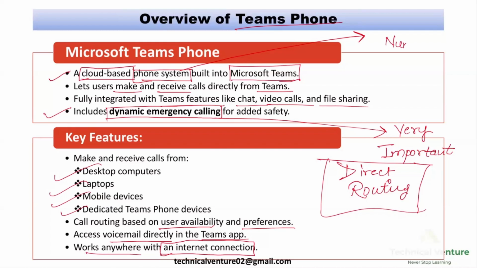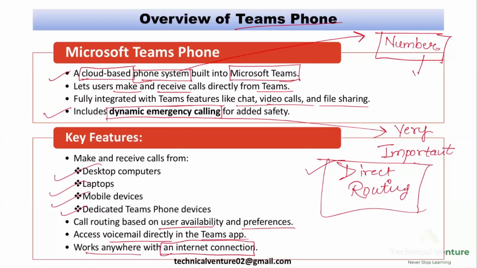That is what we need to assign, based on whether we are using direct routing, calling plan, or operator connect. That is the number we need to define. Only then will we be able to make calls to the outside world, to your cell phone or to any other number in any other organization.